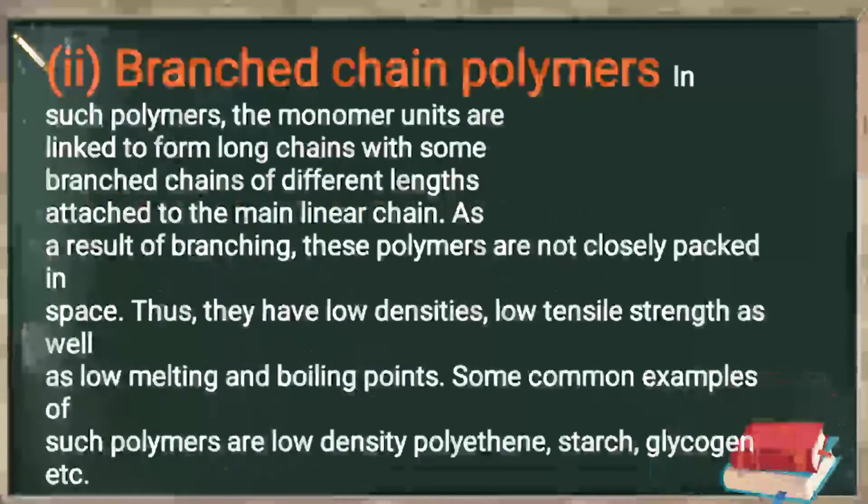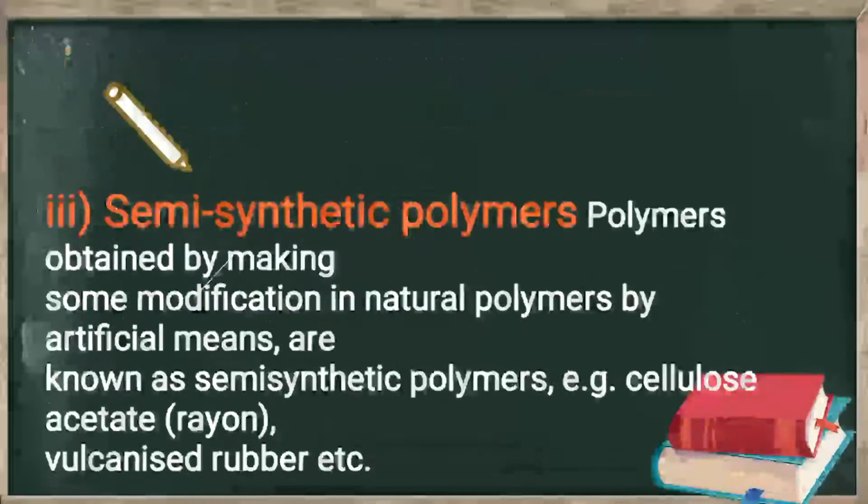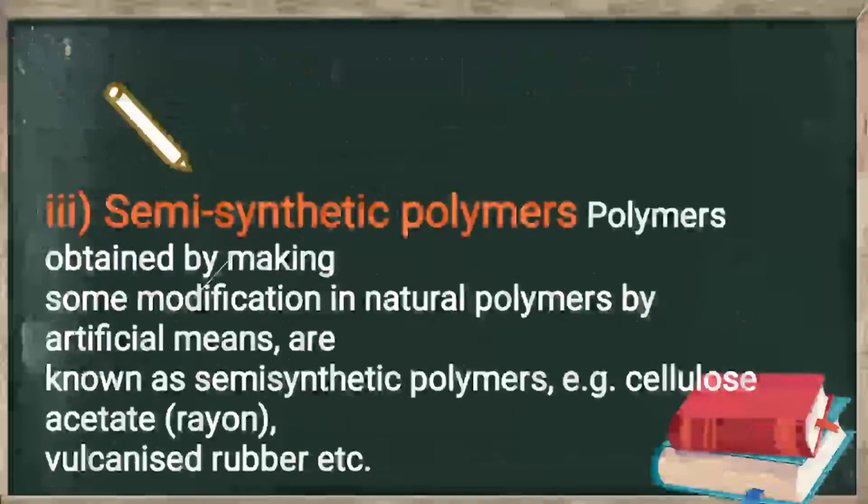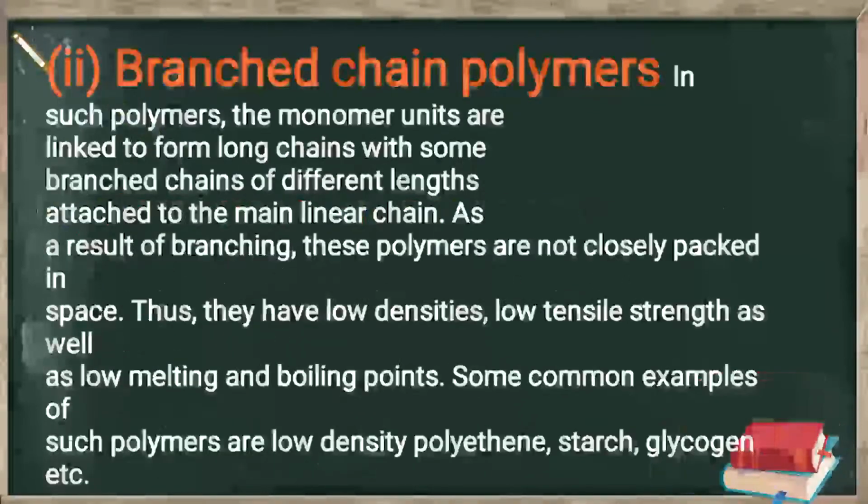As a result of branching, these polymers are not closely packed in space, so their densities decrease, their melting and boiling points become low, and they have low tensile strength compared to the linear polymers, which are closely packed. Some common examples are low density polyethylene, starch, glycogen, etc.